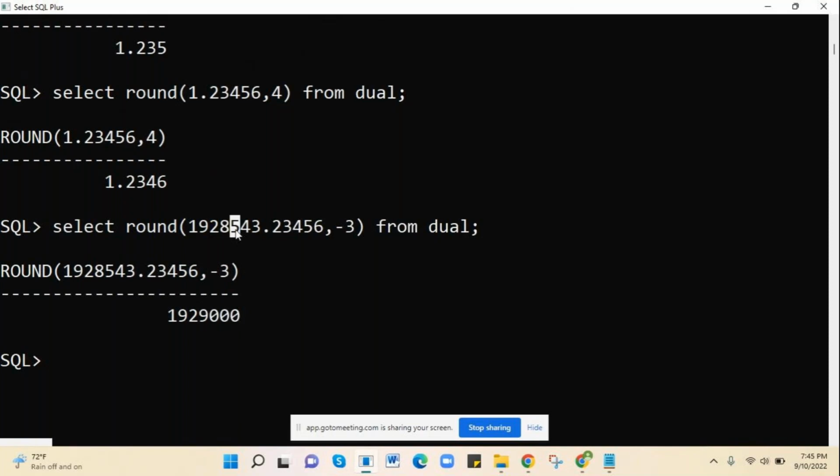Because I want to round this one, but I have to take this one also, 8543. It is between 8,000 and 9,000, so 8543 is nearer to 9,000. That is why we get 9,000. Minus means before decimal values, plus means after decimal values. That is about ROUND.